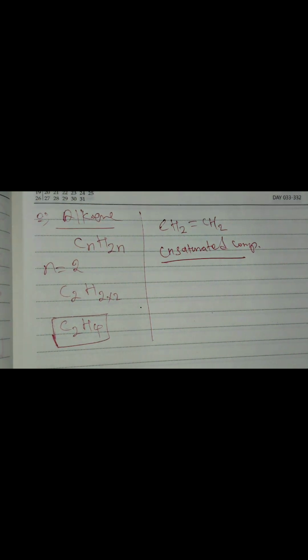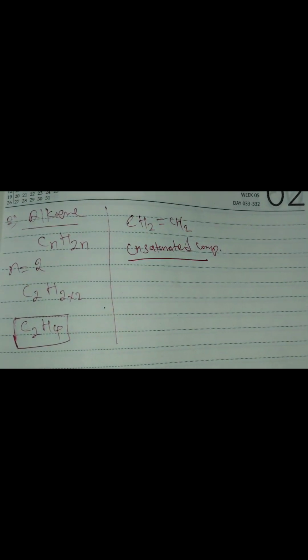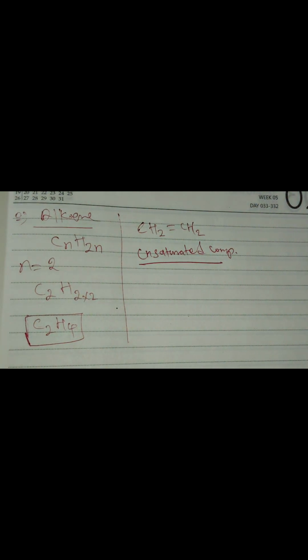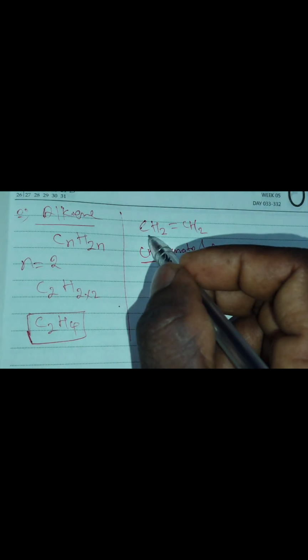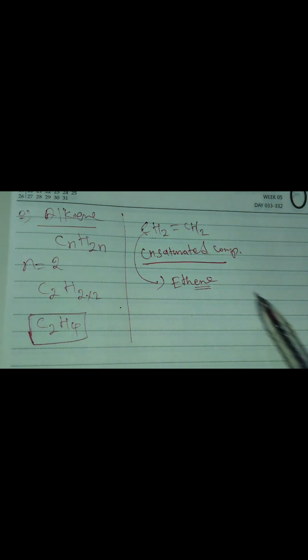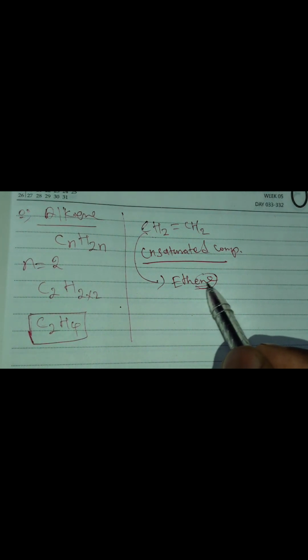Because carbon's valency is 4, here 3 sigma bonds and 1 pi bond for each of the 2 carbons. So this is ethene. For this name, the suffix is -ene. Whenever the acyclic compound contains a carbon-carbon double bond, its name comes with the suffix -ene.